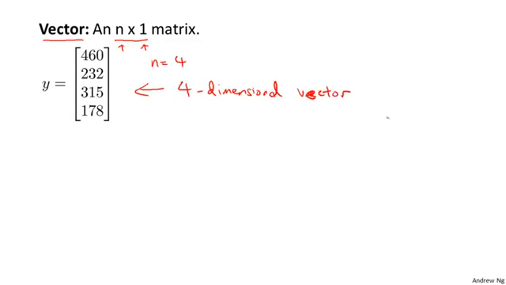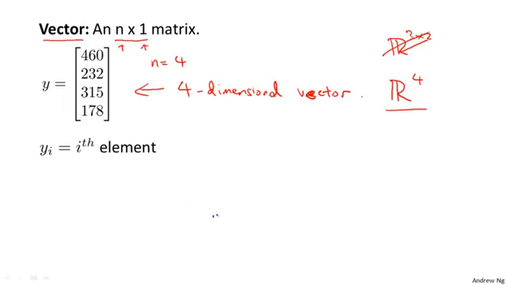And just as earlier for matrices, we saw the notation R3x2 to refer to 3x2 matrices. For this vector, we're going to refer to this as a vector in the set R4. This R4 just means the set of all 4-dimensional vectors. Next, let's talk about how to refer to elements of the vector. We're going to use the notation y_i to refer to the ith element of the vector y.